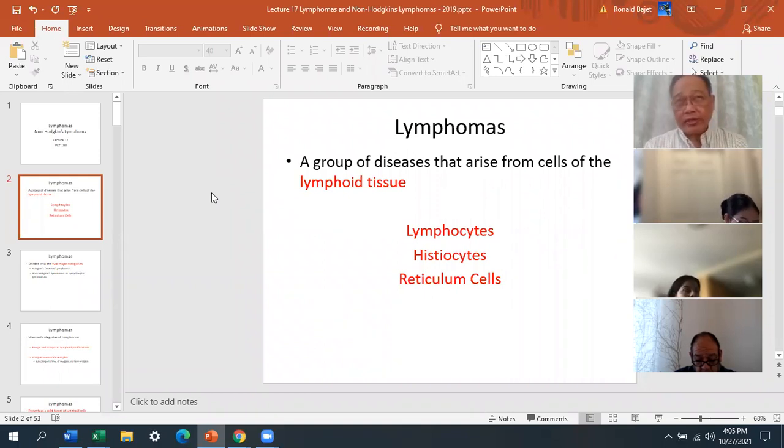And the reticulum cells are actually cells in the lymphoid tissue that are part of the connective tissue network of the lymphatic system, okay? And there is a specific lymphatic system where lymphoid fluids and it's a whole network in the lymphoid system, okay? And I'll show it to you later.